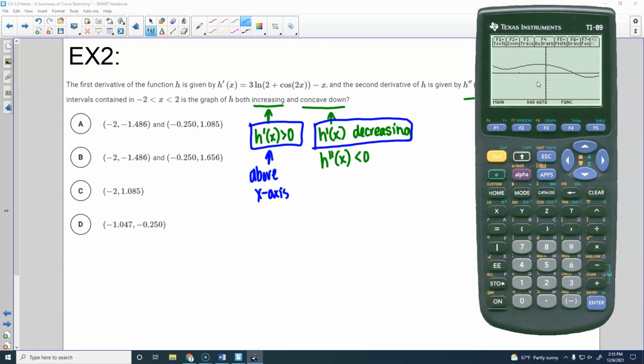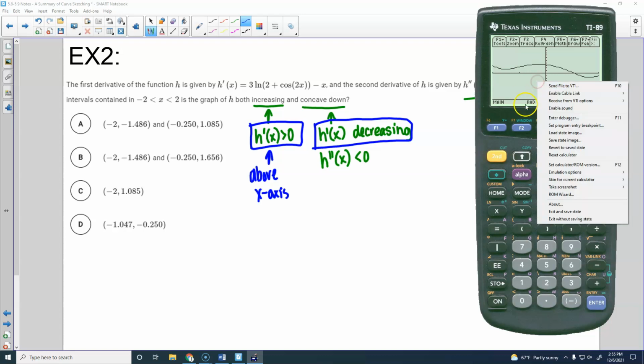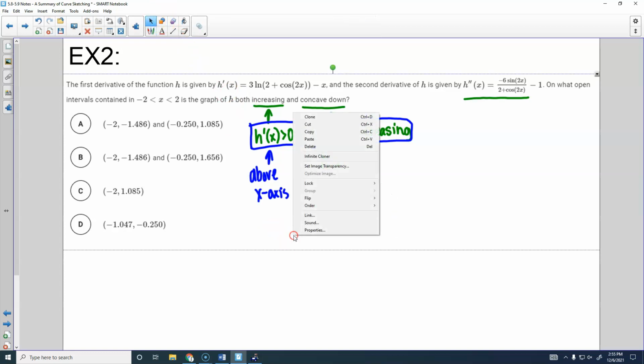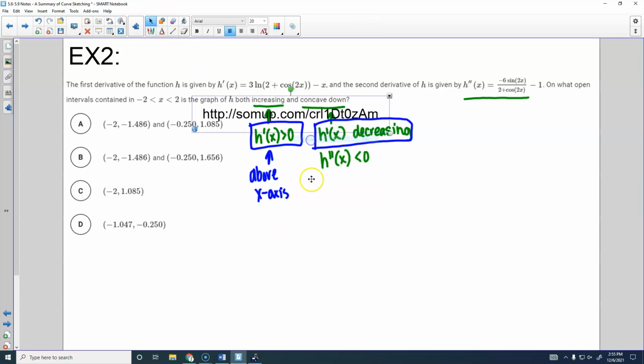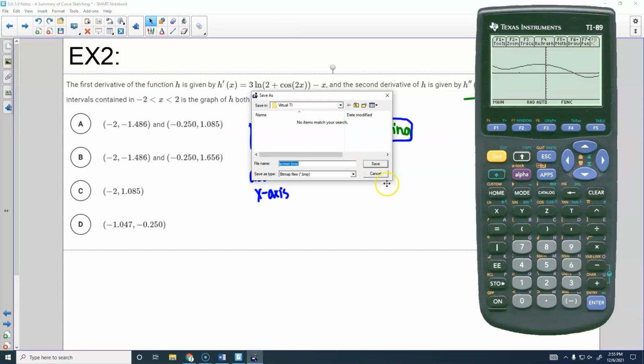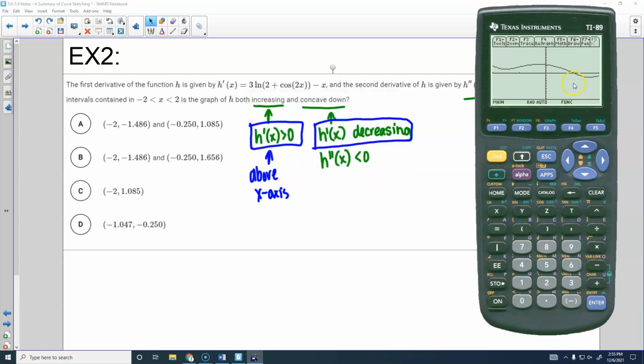So we are looking for where this graph, I'm going to copy it real quick. I think so. Hit enter and see if it'll let you. Ooh, that's not going to work. Well, it doesn't work. So we're looking for where h prime is positive, meaning above the x-axis, but also decreasing.